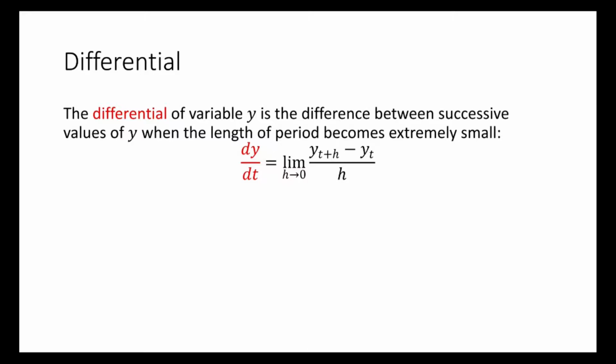If we consider a very small period of time, h approaching 0, then this difference divided by the length of the period of time, we call dy/dt.